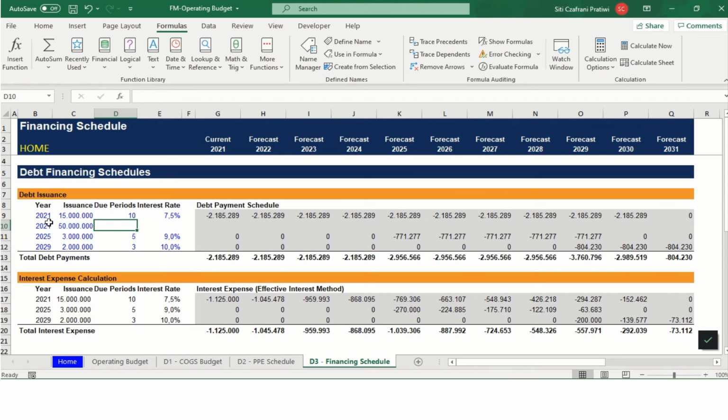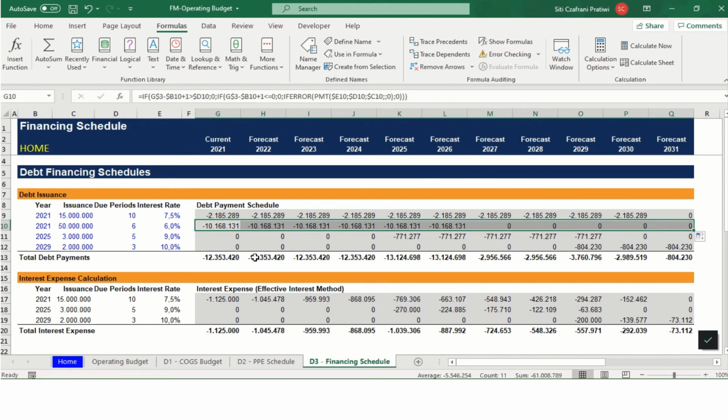The due period is, let's say, 6 years, and the interest rate is 6%. And you can just copy this one, drag it to the right.